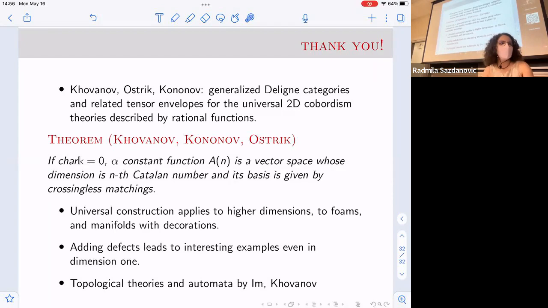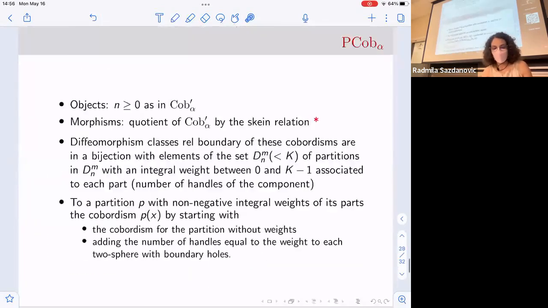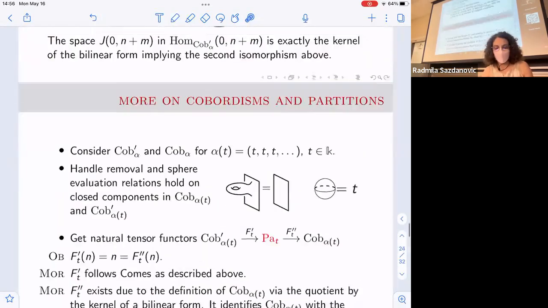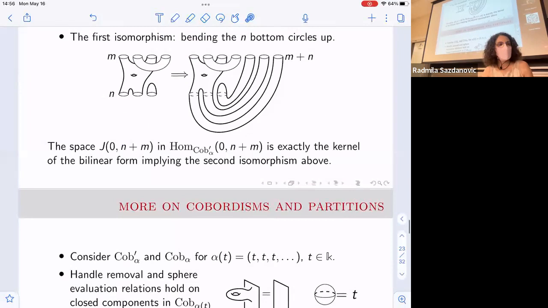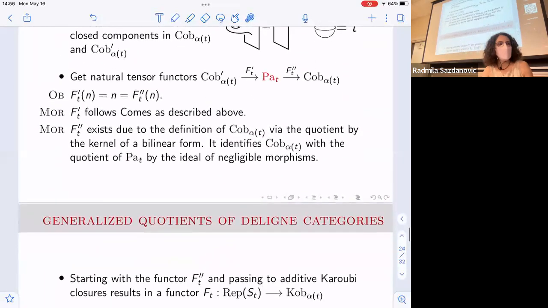Sorry that this is before your work, but when you were defining the Deligne category, at some point you had S-tensor categories, representations of Sn modulo Jn, where the negligible morphism is the same as Jn. What is Jn in this case?